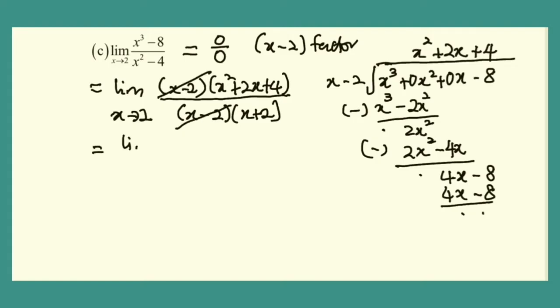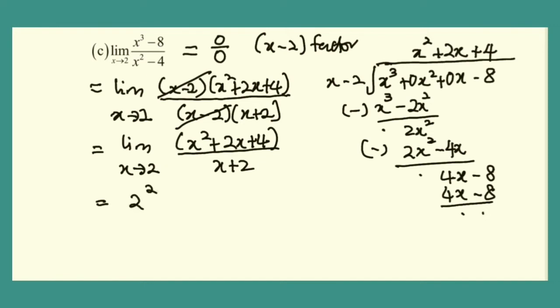This becomes limit (x squared plus 2x plus 4) divided by (x plus 2) as x approaches 2. And then substitute x equal to 2 into the function. This is (2 squared plus 2 times 2 plus 4) divided by (2 plus 2). The answer is 3.